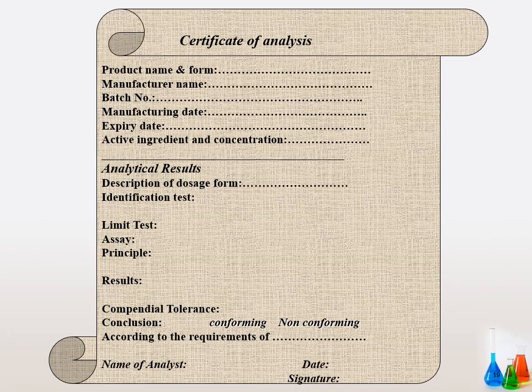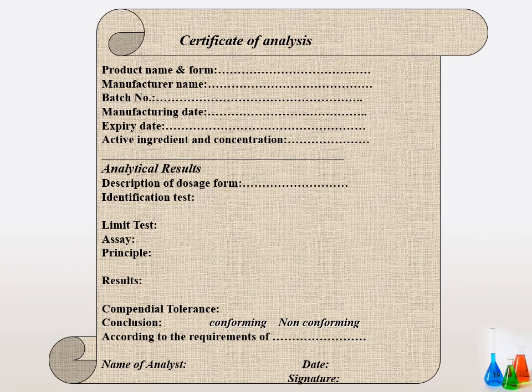Then we will complete the certificate of analysis: the product name, the manufacturer name, the batch number which is written on the dosage form, the manufacturing date, the expiry date, the active ingredient and its concentration, and the analytical results, which are the description of the dosage form, the identification test for the magnesium portion and for the sulfate portion, and the assay. There is no limit test.